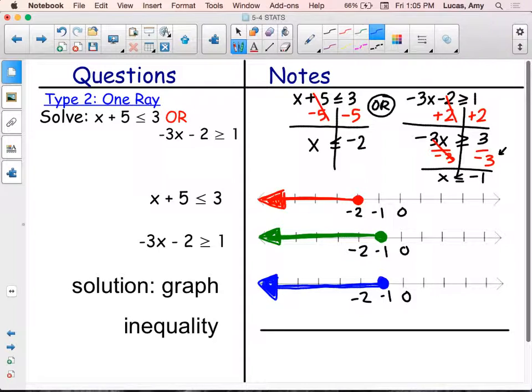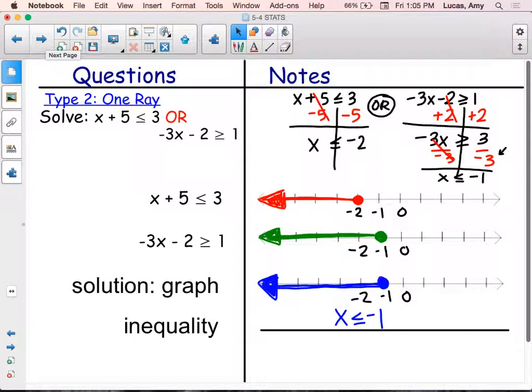So it's one ray, and to name that ray, it would be x is less than or equal to -1. So I don't need the or, and I don't need the other ray. I don't need the one that said x is less than or equal to -2 because -1 ran right over the top of it. So when I unite them together, I don't need that one at all.